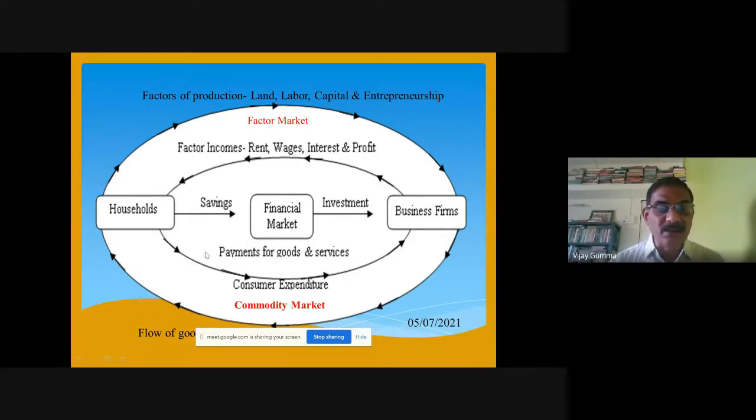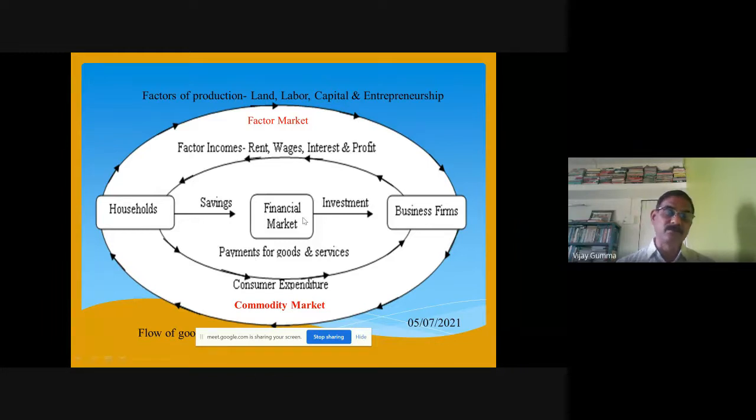And thus, this one circle gets complete anti-clockwise. A real flow of goods and services flows from the household sector to the business firm sector and the business firm sector to the household sector, and one circle gets complete.